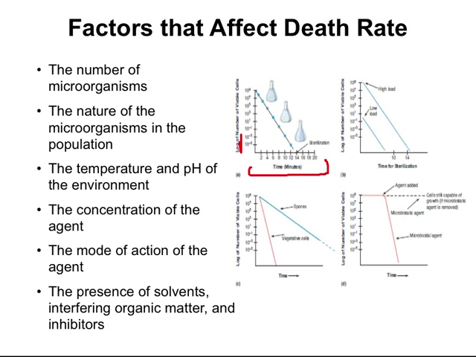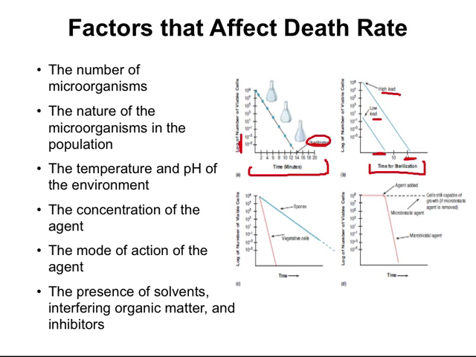Eventually, we reach a point to where the population of microbes is so few that we consider it sterilization. Next, let's consider the time for sterilization as it relates to microbial load. If there's a large load, as in lots of microbes, then we'll see that it takes a longer time to reach sterilization. However, a lower load would take less time to reach sterilization.